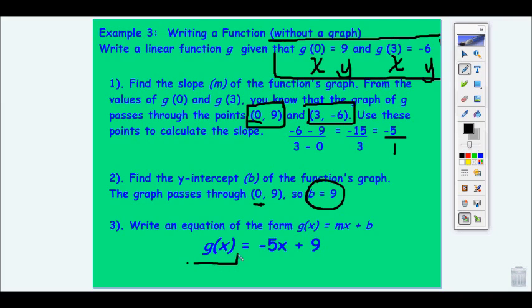We're going to keep it as the function of x. If we were going to graph it, that would be our y, equals our slope, which we figured out was -5. So we're filling in our slope, -5, and we're filling in our y-intercept, +9.